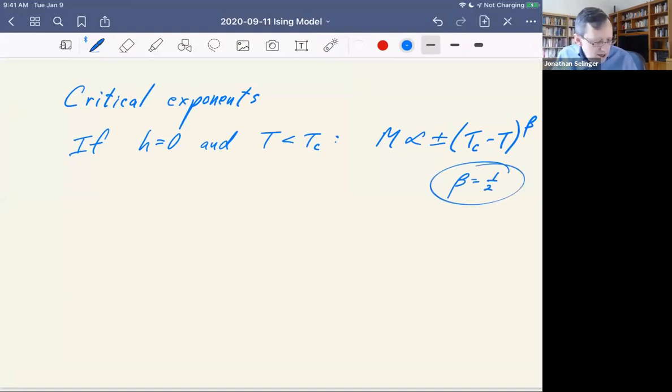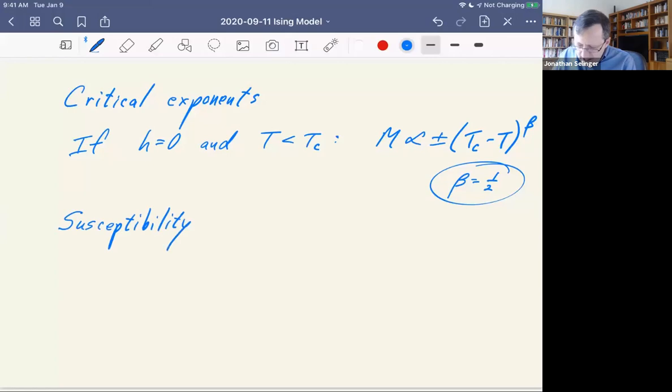Now, there are other critical exponents which we can also calculate, but to save time, I'll just tell you some of the results, and the calculation is in the book, okay? So there's another critical exponent for the susceptibility.